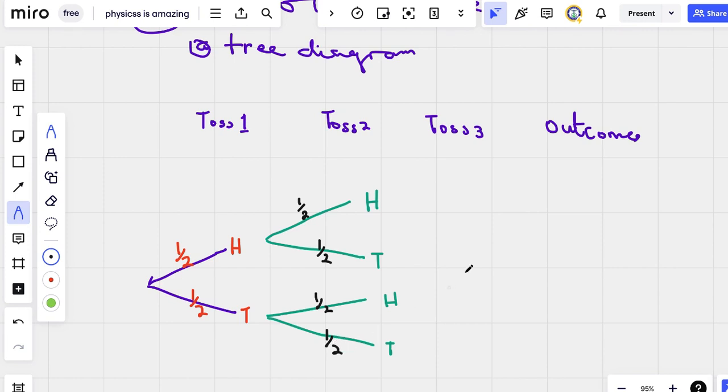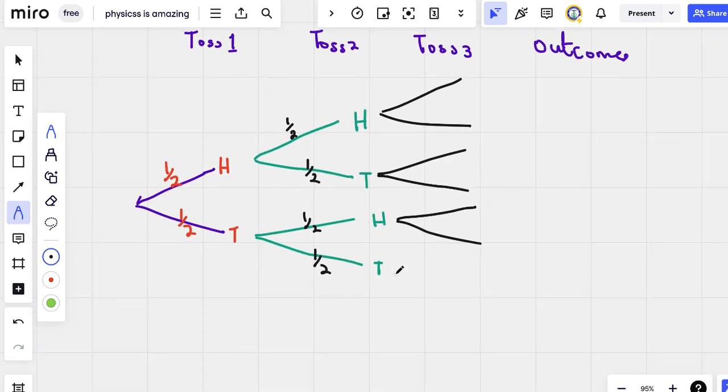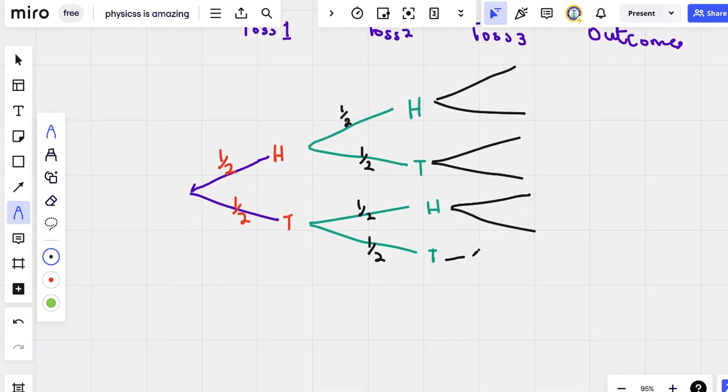For the third toss, you take the coin again, you go to throw. So it's either we get head or tail. For this branch, same thing, head or tail. Each of the branches you've arrived at, you also have two more branches for the third toss. So each one will be head or tail.